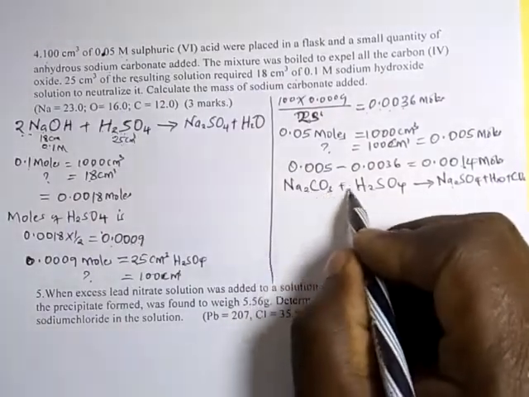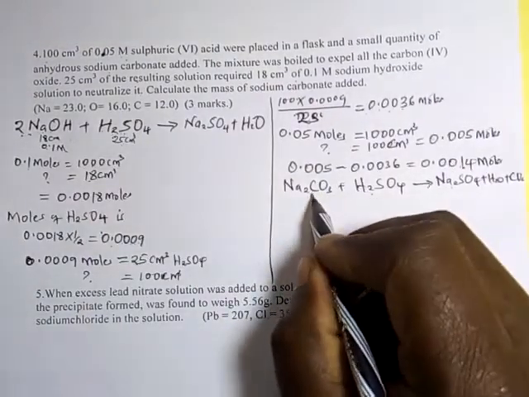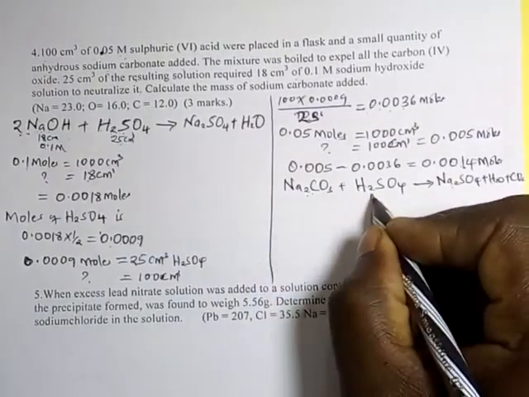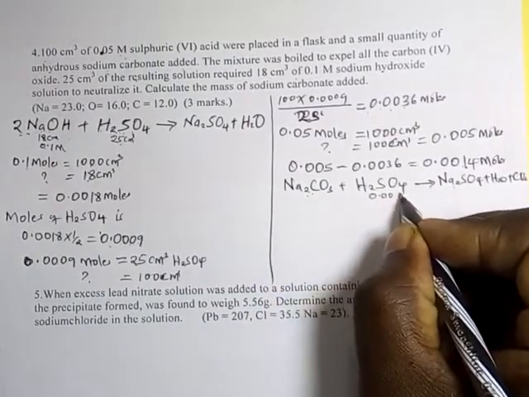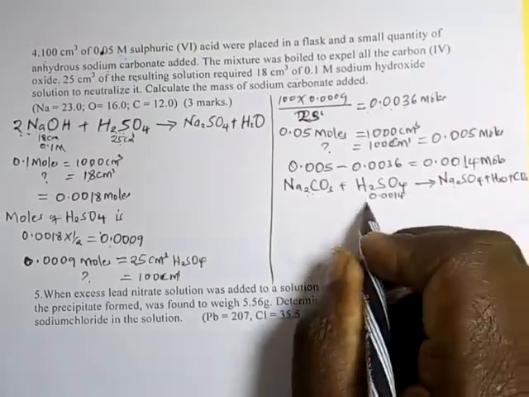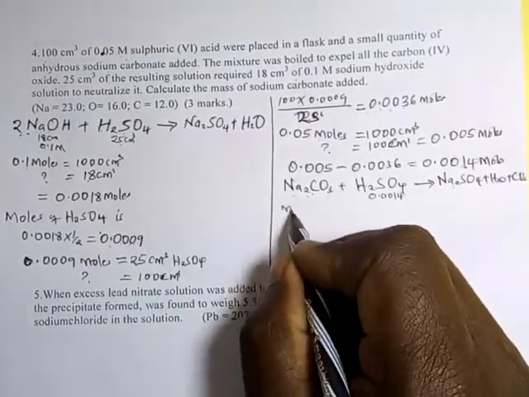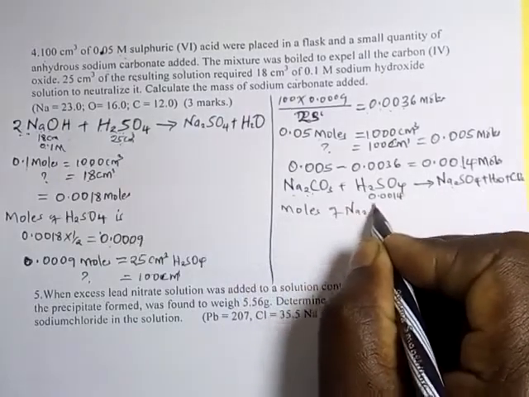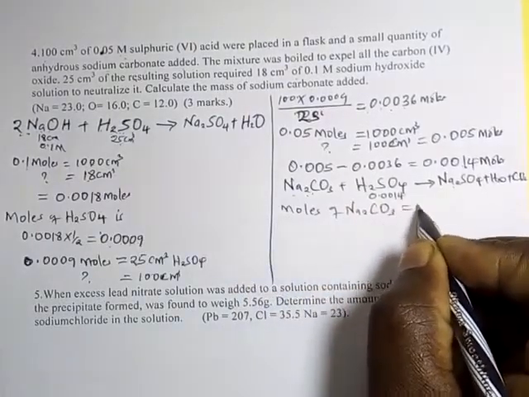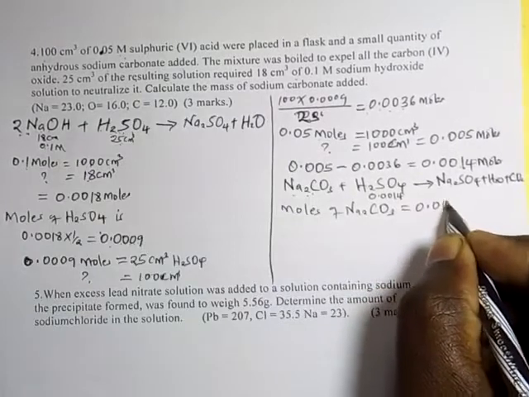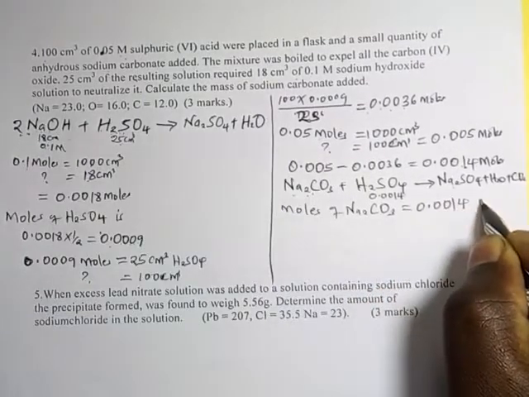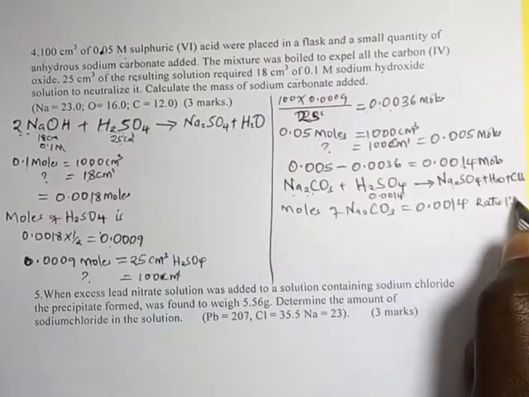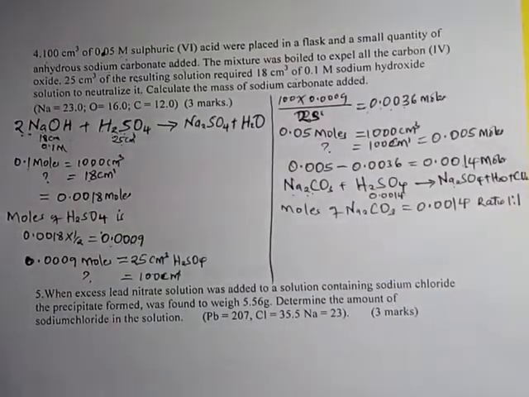But we have the number of moles of sulfuric acid that reacted with the carbonate. Now we can get the number of moles of the carbonate. Therefore, this one is 0.0014. The ratio is 1:1, so moles of sodium carbonate equal to 0.0014 because the ratio is 1:1.